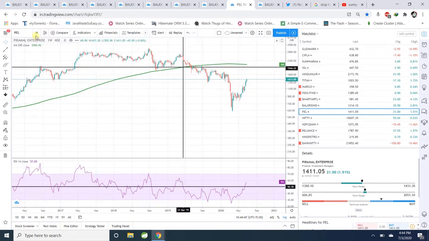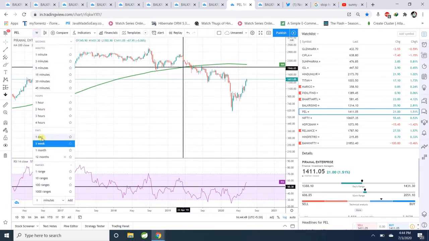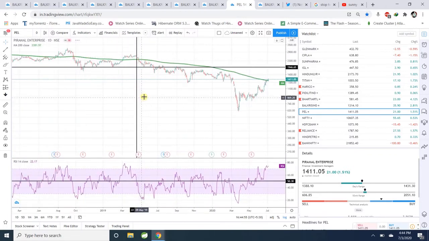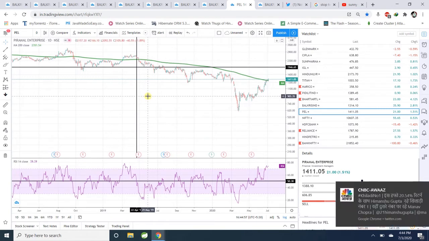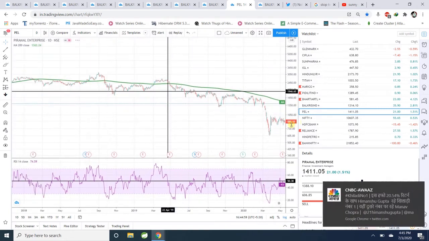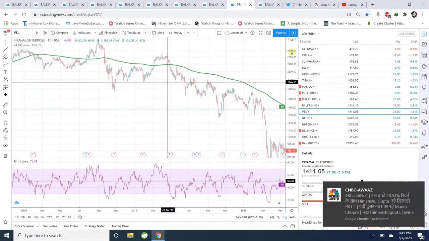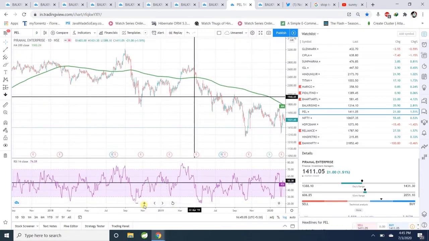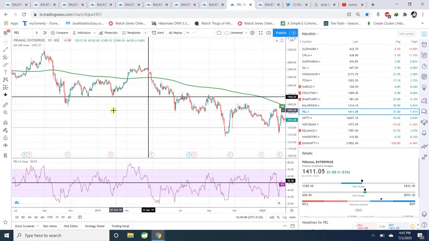So for investment, we have to shift to the daily chart. That point is here. Now we have to look for any pattern breakout so that we can enter short on a positional basis. This was a head and shoulders pattern.